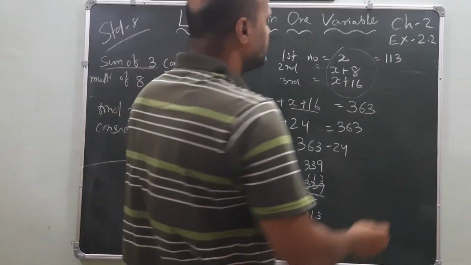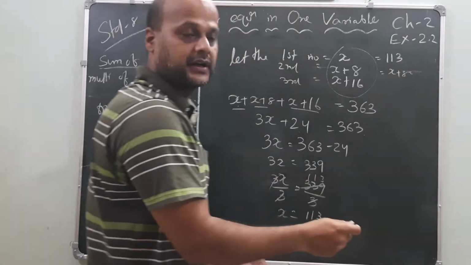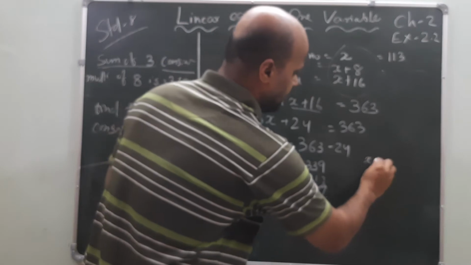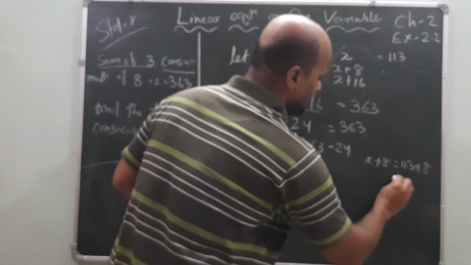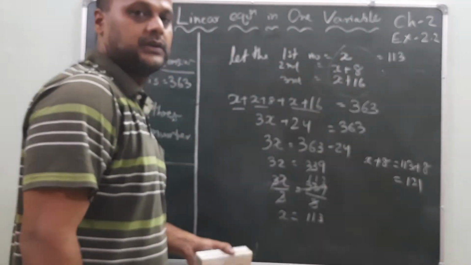What is the second consecutive number? That is x plus 8. So how much will it be, my dear friends? The second number is x plus 8, so 113 plus 8. How much is it? 121. Yes or no?